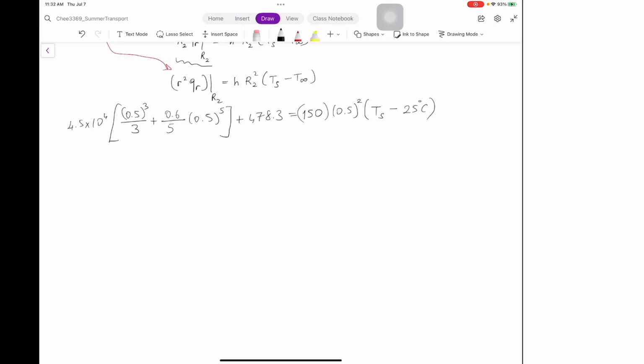Okay, so let's do the left-hand side. Got 2, 5, 2, 2 on the left-hand side.